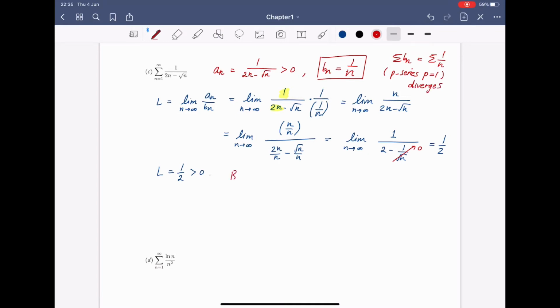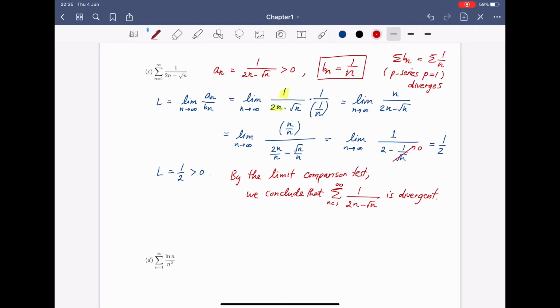That means by the limit comparison test, we conclude that the summation of a_n, which is the summation of 1 over 2n minus square root n, is also divergent, because the answer here must be the same answer as the convergence pattern of the summation of b_n.